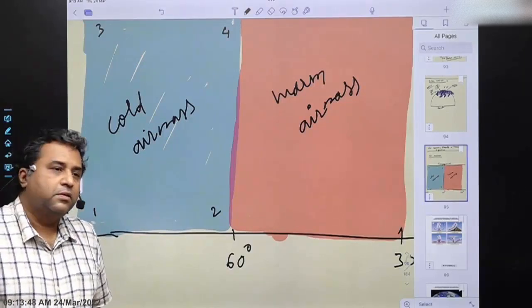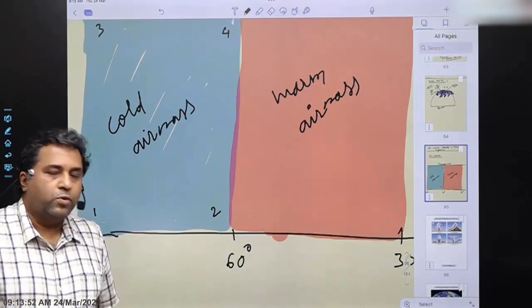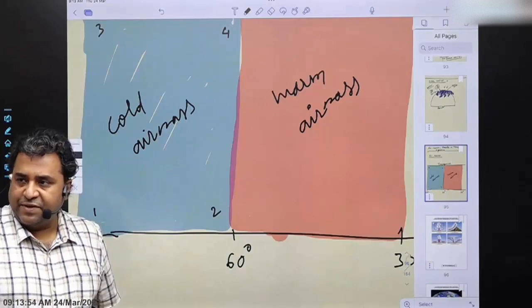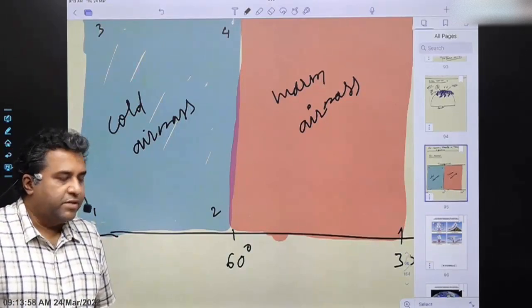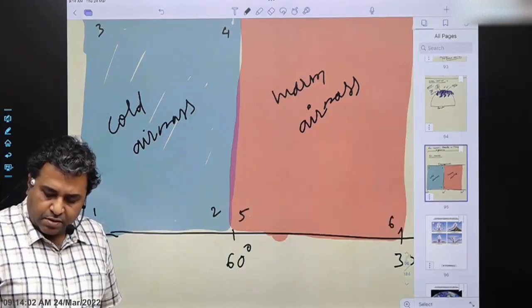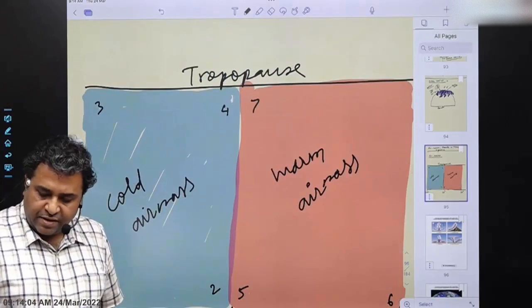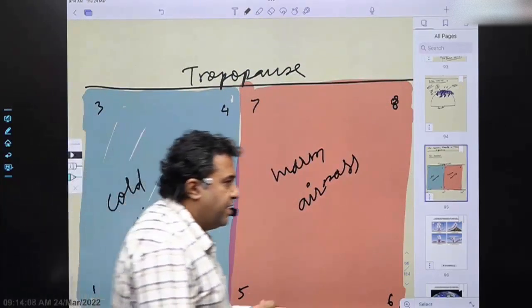Cold and similar. Can we say that the temperature at 1 and 2 should be cold and similar as compared to, let us say, 5, 6, 7 and 8. So I'm asking you at these 8 regions. Okay? Just think and give me answers.